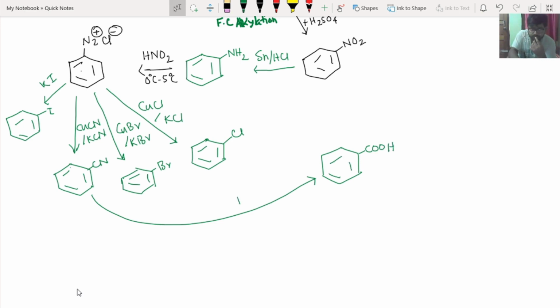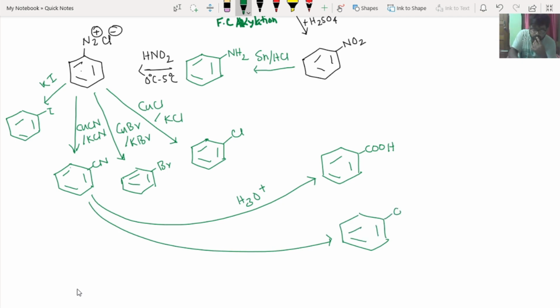By simple hydrolysis with H3O+, or it can be partially hydrolyzed into an amide called benzamide, which is done with hydrogen peroxide and sodium hydroxide.